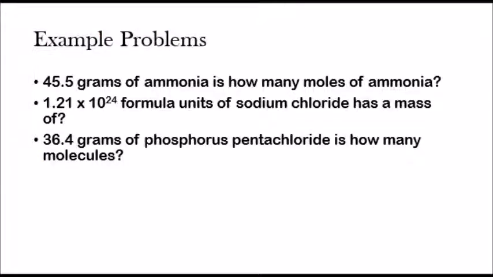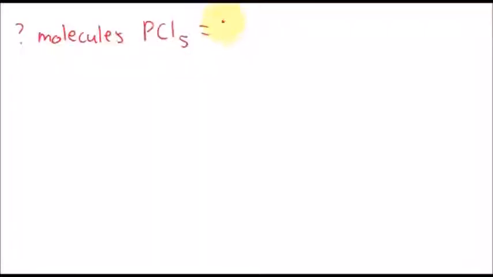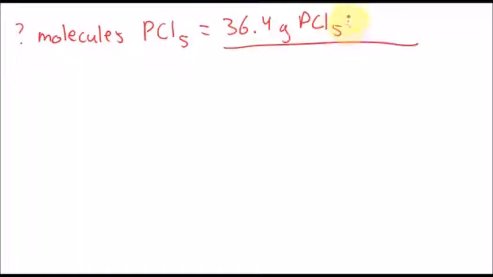So molecules of phosphorus pentachloride, that's PCl5, and we're given 36.4 grams of it. Okay. And so we're going to first have to convert to moles.